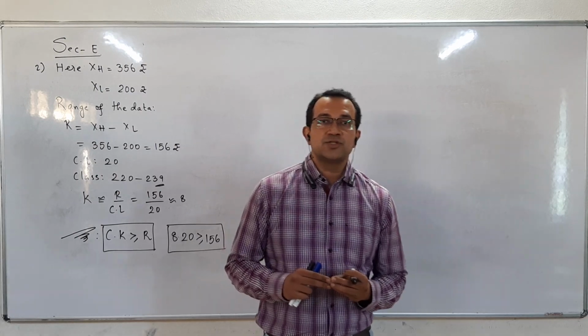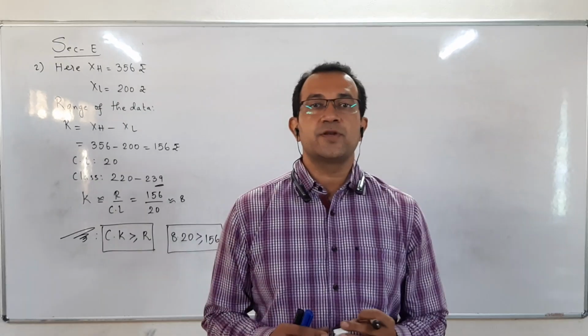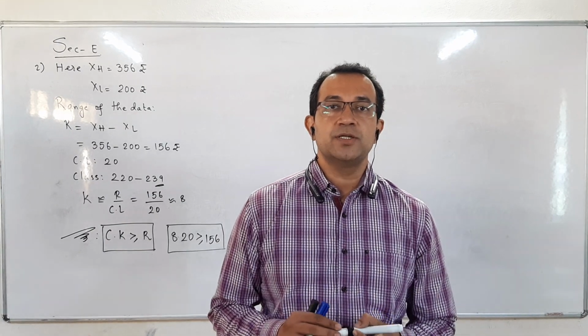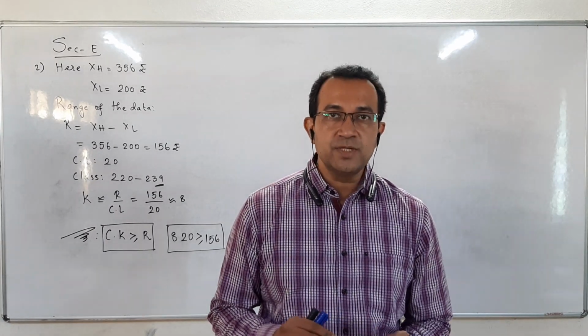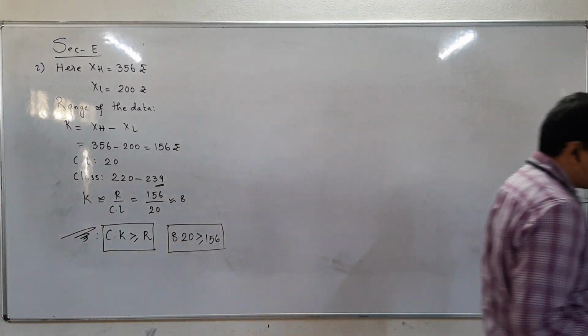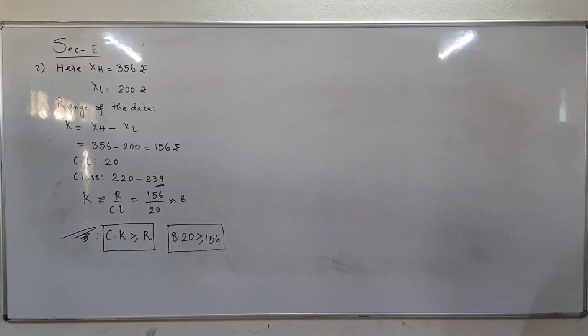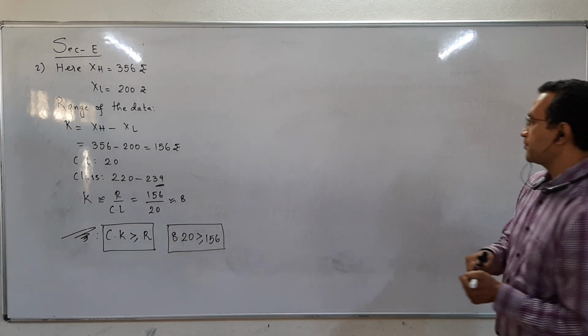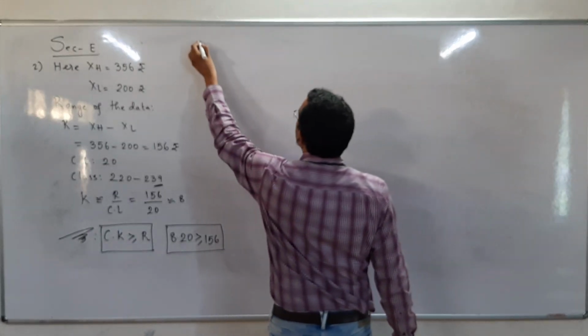Now, before starting the frequency distribution, one must give a title. So let us give an appropriate title. The title is Inclusive Continuous Frequency Distribution of Daily Earnings of 40 rickshaw drivers.